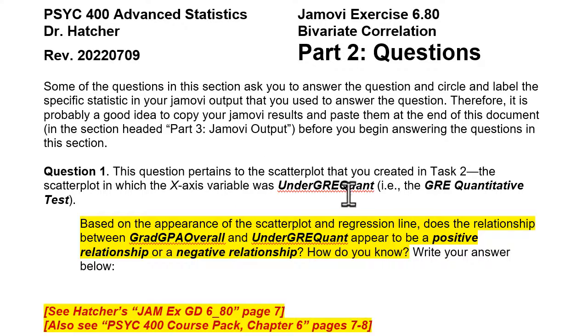This question pertains to the scatter plot you created in task 2, the scatter plot in which the x variable was undergraduate GRE quantitative. Your question: based on the appearance of this scatter plot and the regression line, does the relationship between graduate GPA overall and undergraduate GPA quantitative appear to be a positive relationship or a negative relationship? How do you know? Write your answer below.